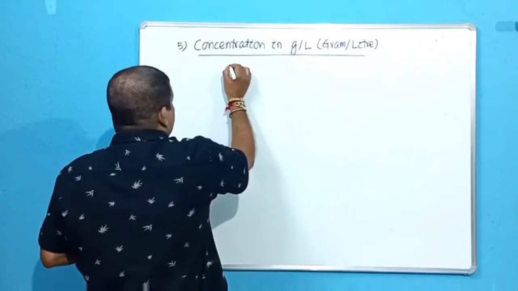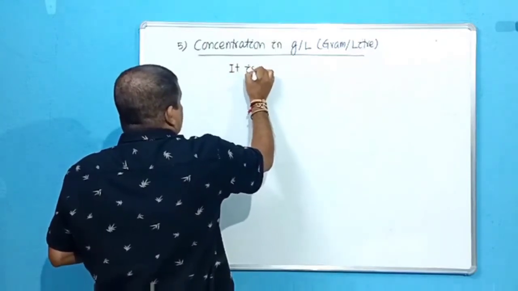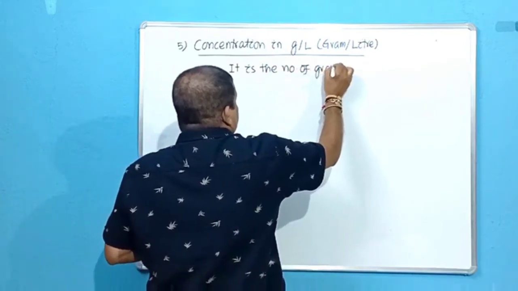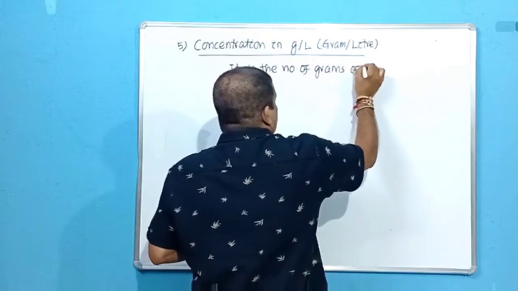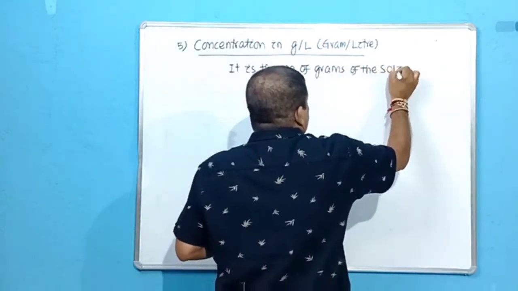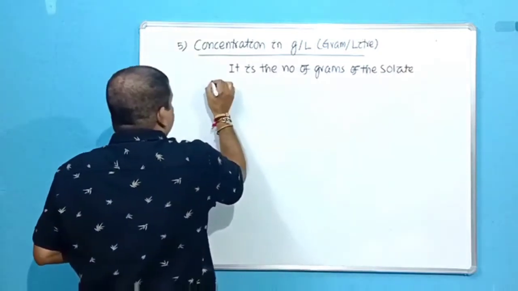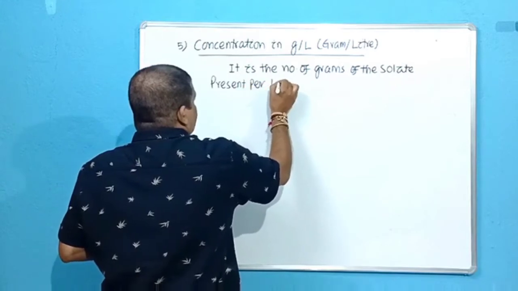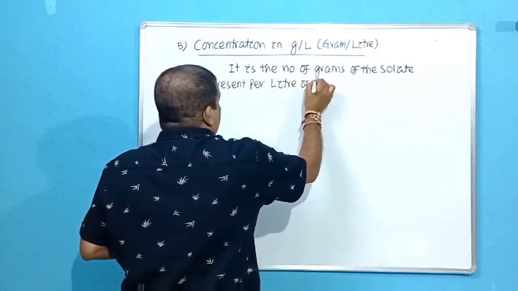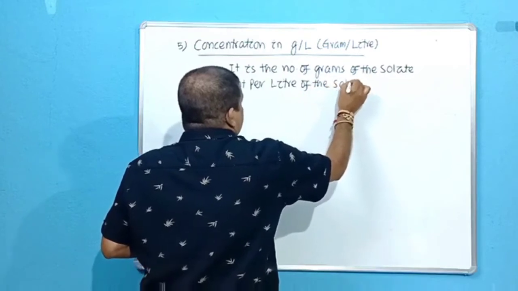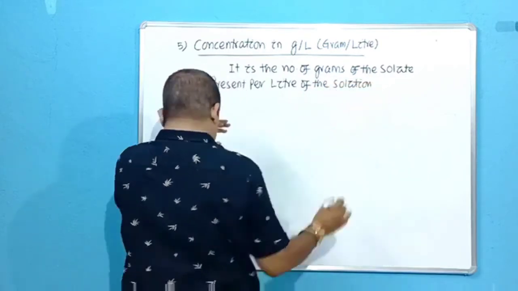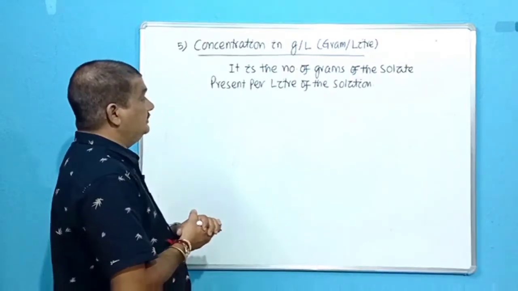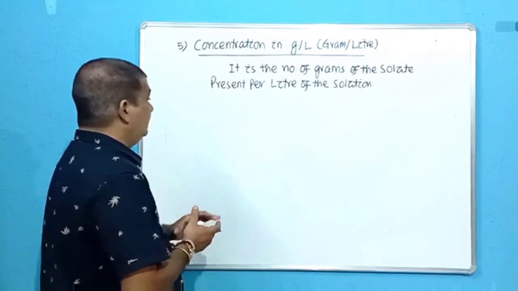Okay. So how to define it? Now it is the number of grams of the solute present per liter of the solution.